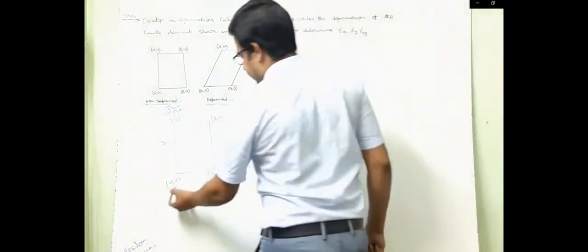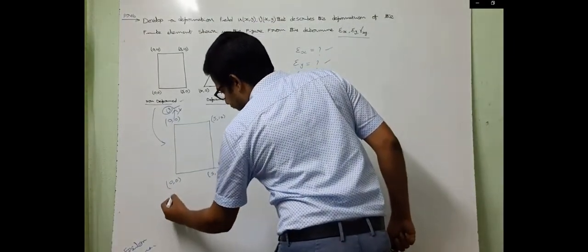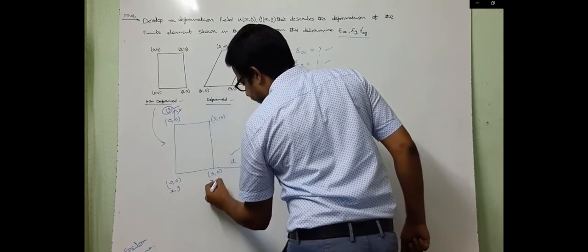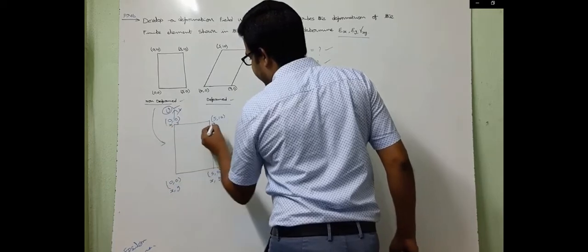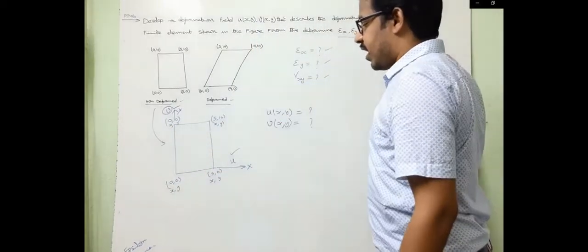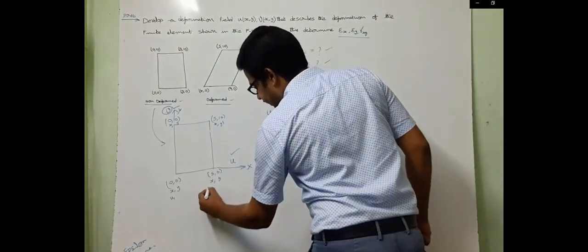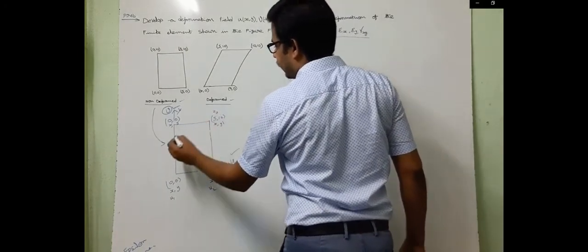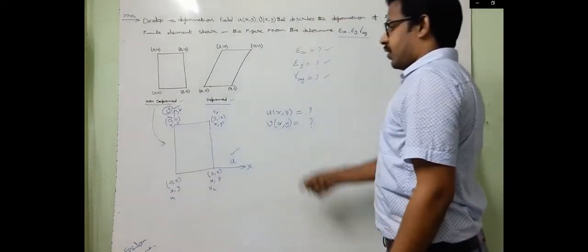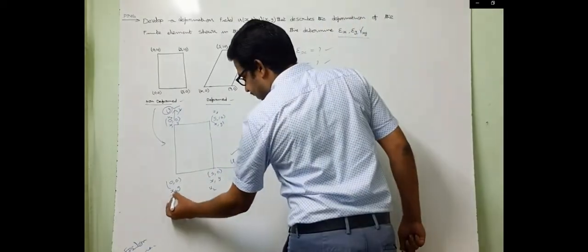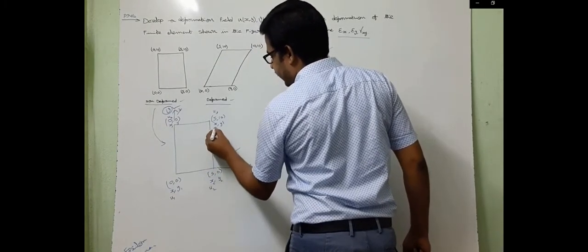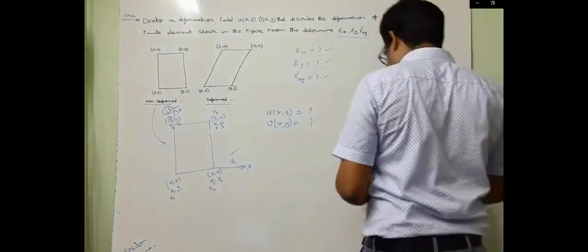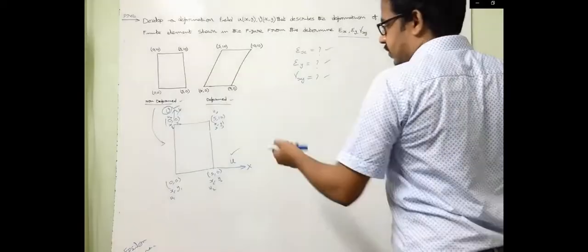Here we can represent the nodes as x1 y1, x2 y2, x3 y3, x4 and y4, with horizontal displacements u1, u2, u3 and u4.